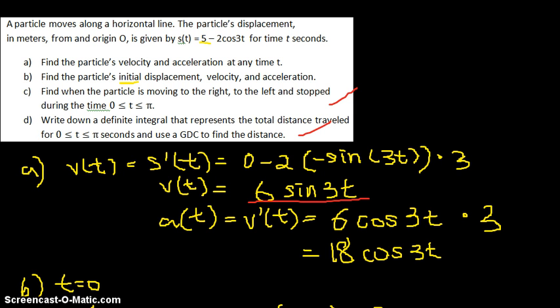Which one of them, or maybe some of them, do I use to help me know if the object is going to the right, left, or not moving? That's for part C. For part D, they just want us to find the total distance traveled. So you can go ahead, use the GDC, and apply the formula that I mentioned at the beginning of this video, and see what you get.